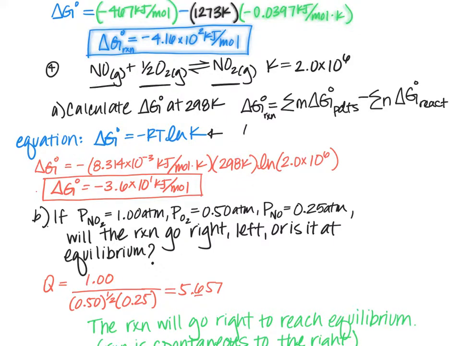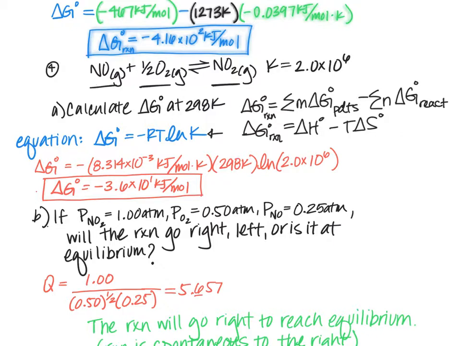Now, the other delta G equation that could be used is delta G naught of the reaction, and this is my last equation, equal to delta H naught minus T delta S naught. You could also use this equation. Unfortunately, you have lots of options. Sometimes that makes things more difficult.